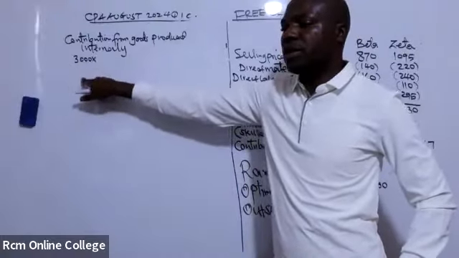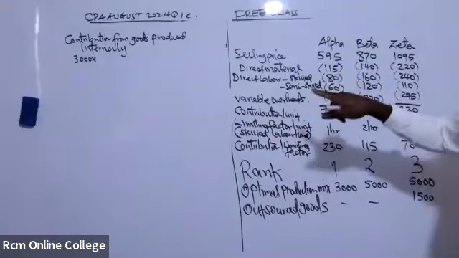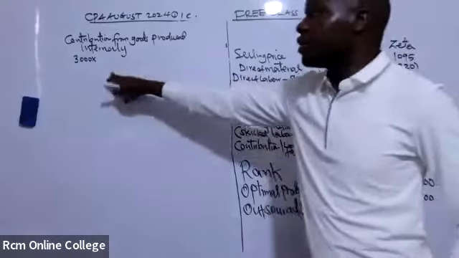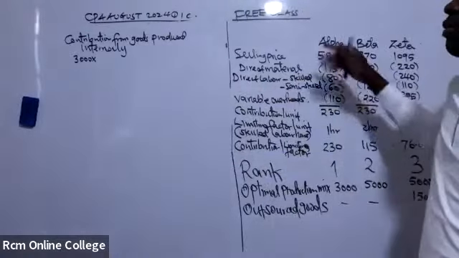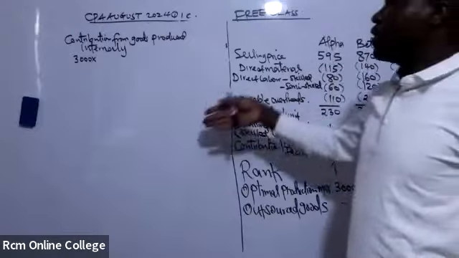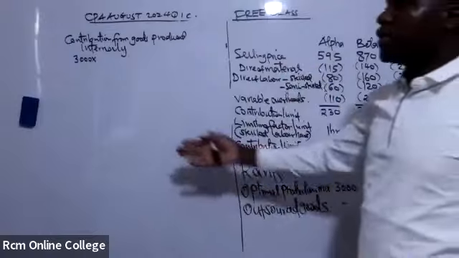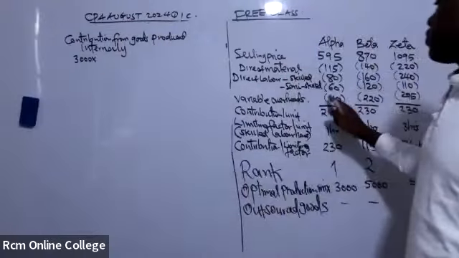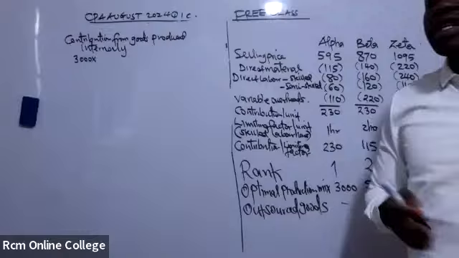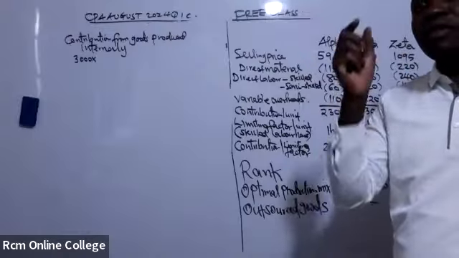So you're taking 3,000 times selling price 595 minus 3,000 times 115 minus 3,000 times 80 minus 3,000 times 60 minus 3,000 times 110. You will take the whole day there.